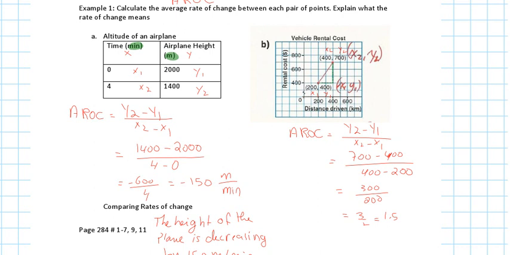Now remember, this is the rate of change. What do we need to include with that? The units. So it's dollars per kilometer. Remember, the unit for the Y is dollar, and the unit for the X is kilometer, right? So it's going to cost you $1.50 per kilometer. That's what it means.